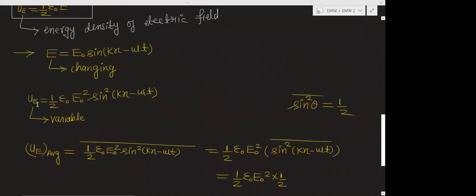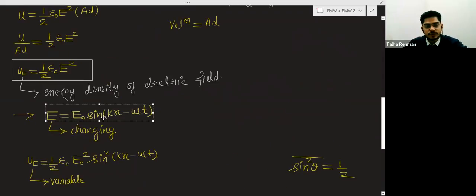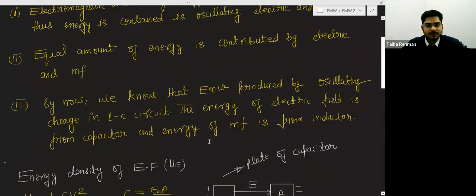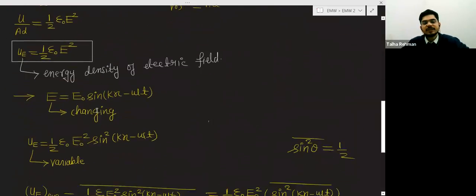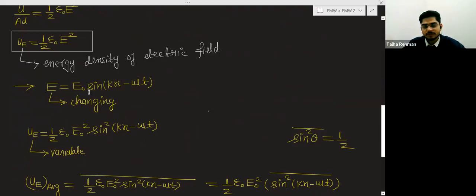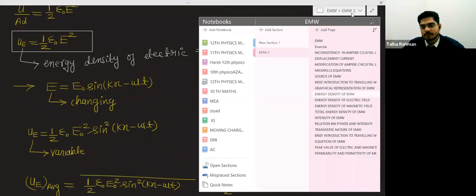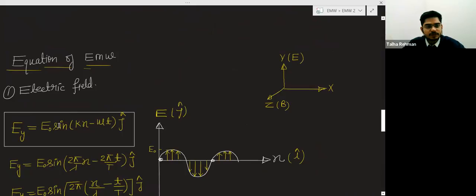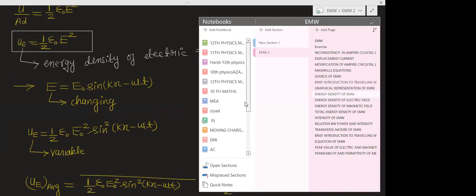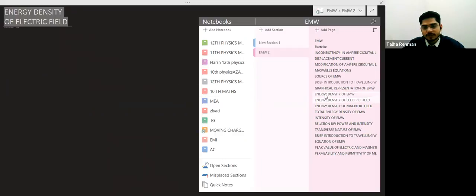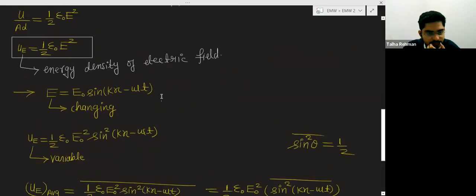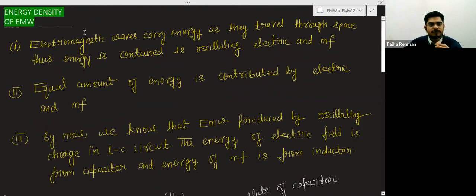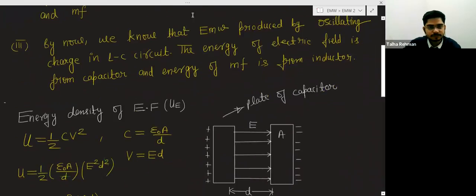Basically, this is the electric field in the electromagnetic wave: E is equal to E naught sine kx minus omega t. This is the equation of the electric field in the electromagnetic wave that we have written. Yes, sir. So the energy density of the electric field is this. Now we will discuss the energy density of the magnetic field.